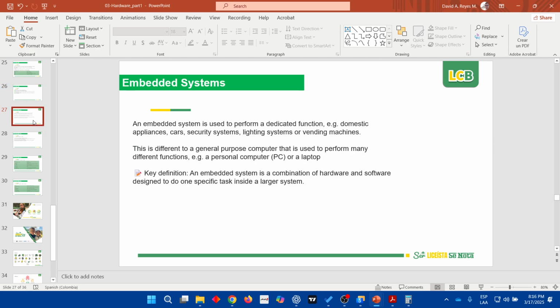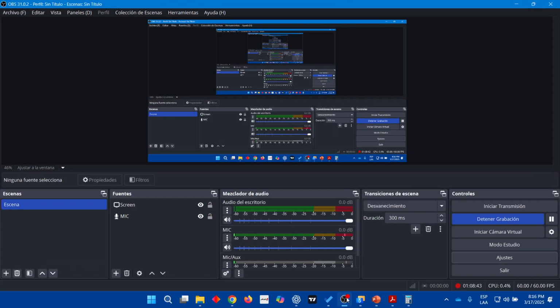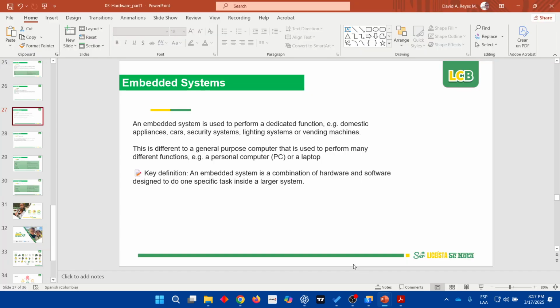Okay, this one is too short. What is this? It is something different. Embedded system. An embedded system is used to perform a dedicated function.